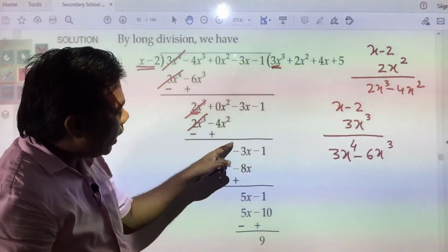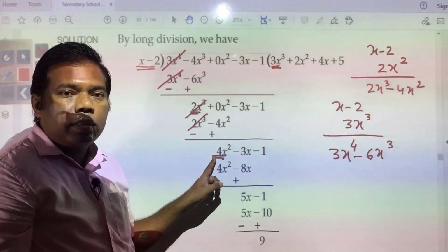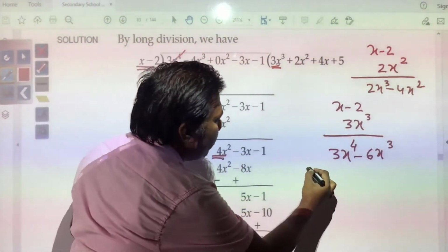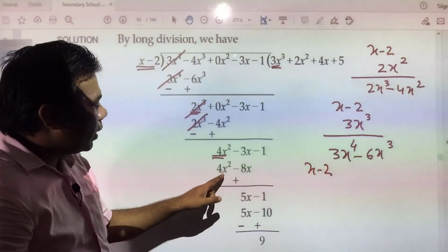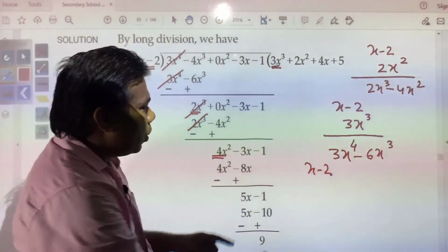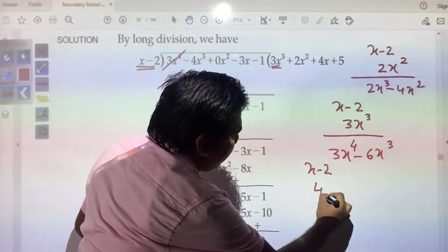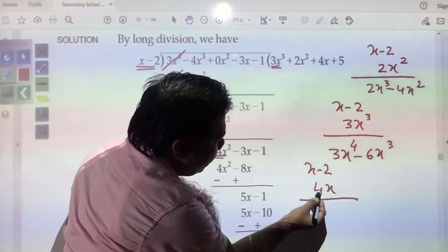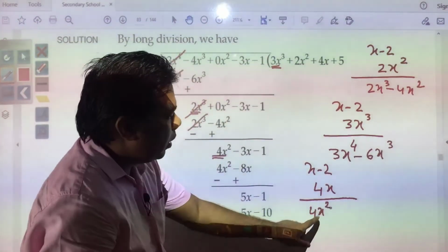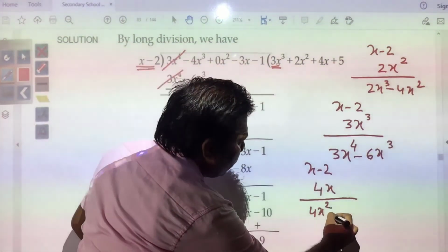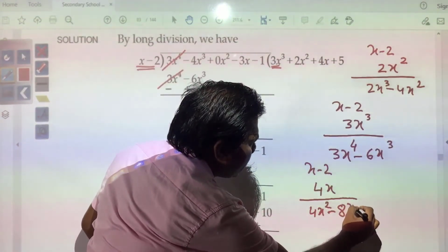The same process will be applied for the next term. Now 4x square is required to be eliminated. So again we will think by what term x minus 2 should be multiplied so that we will get 4x square. Definitely we need to multiply it by 4x, so 4x into x will be 4x square, and 4x into minus 2 means minus 8x.